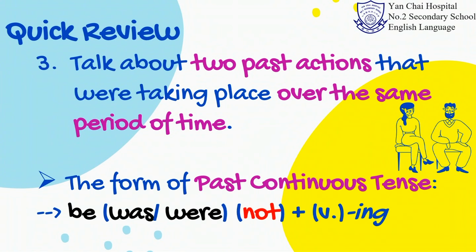The form of past continuous tense is be, was, were, not, plus a verb in ing form.